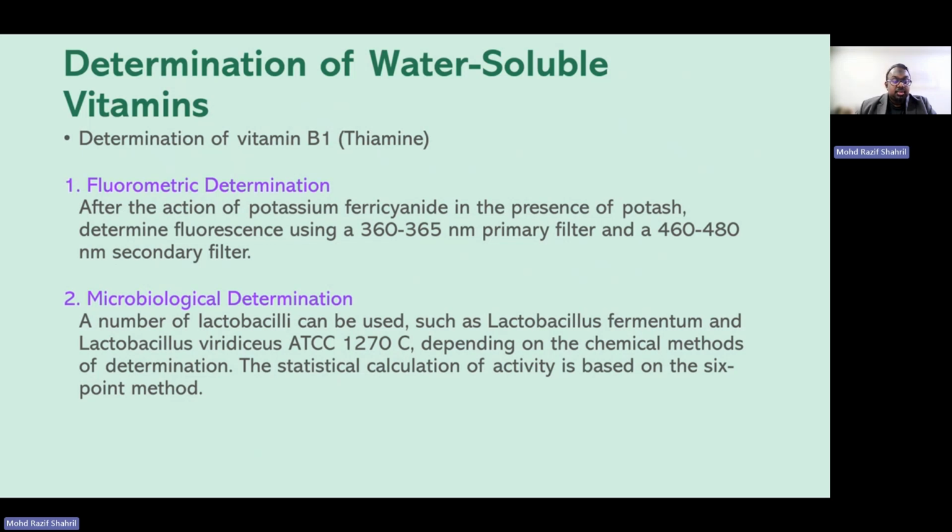In the microbiological determination, we use bacteria. Depending on the chemical methods, we can use specific lactobacilli strains like Lactobacillus fermentum or Lactobacillus viridescens ATCC 12706. The statistical calculation of this activity is based on the specialized 6 points method.